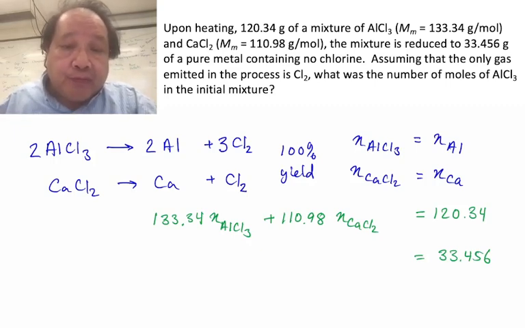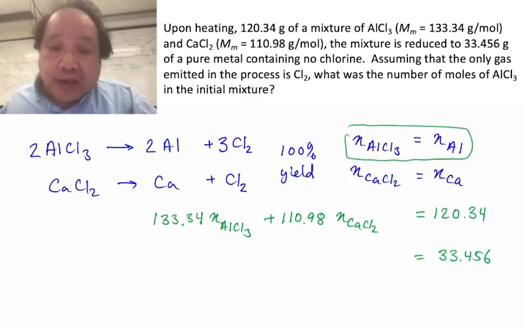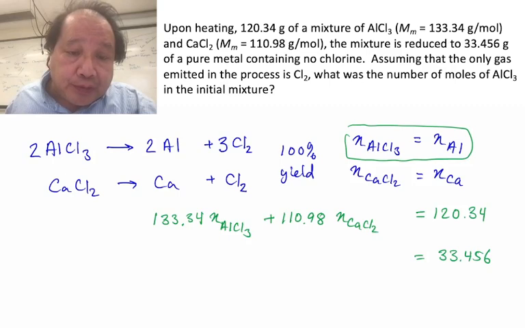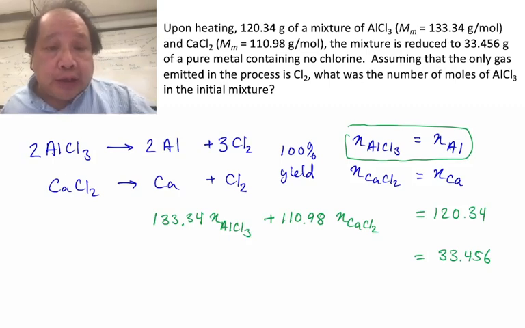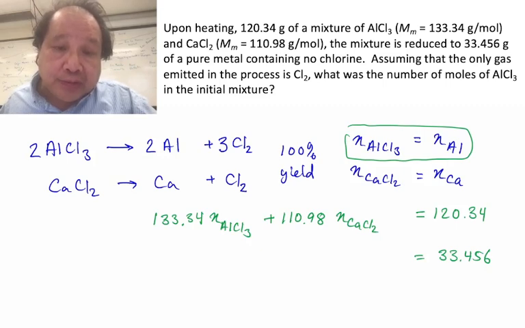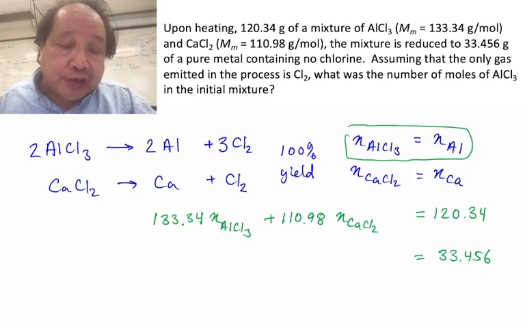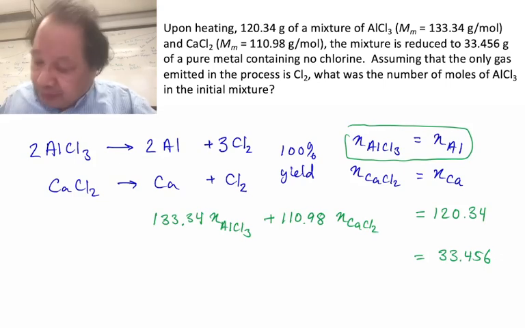Now, the number of moles of aluminum, we have it written right here, is the same as the number of moles of AlCl3. And what we want in equations is to have as few variables as possible. So instead of writing number of moles of aluminum, since I've already used number of moles of AlCl3, I'm going to write number of moles of AlCl3.